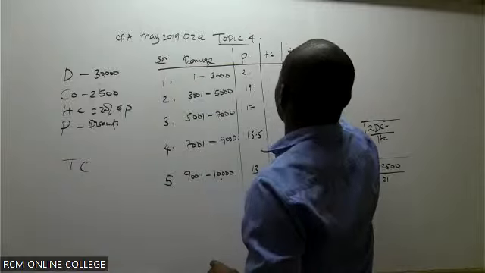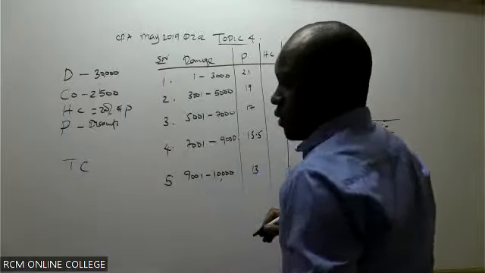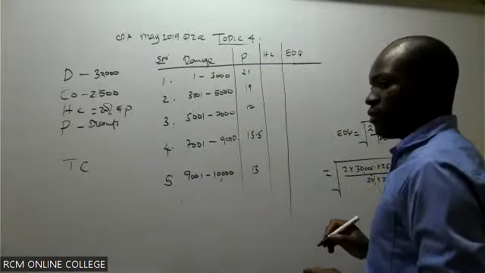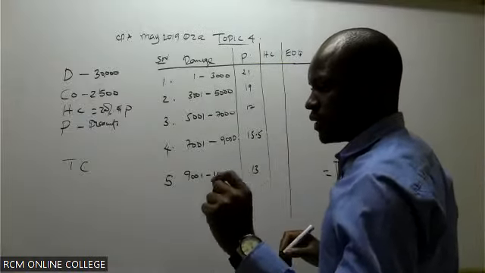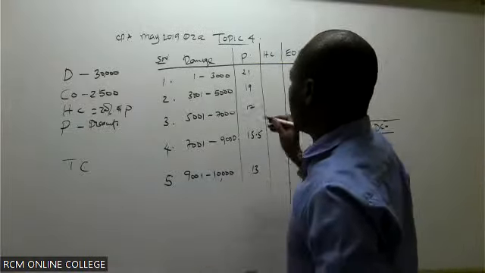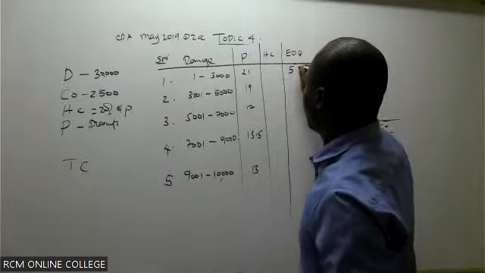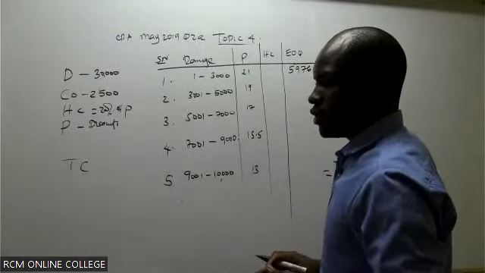Then I now have my economic order quantity. Good. So if that is done, what are we getting? 59.76. You can just give them to the nearest whole number.